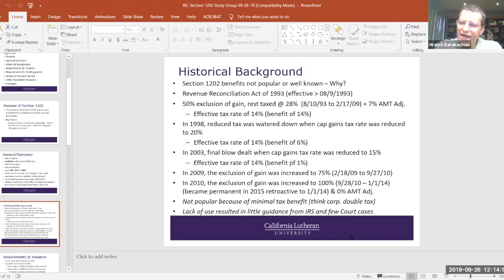Now, one thing that might work, Igor, is if the purchase was made before 2015, California may allow for that benefit. I'm not sure. But I know for all the purchases after 2015, there's no California benefit because 1202 for California purposes has expired.